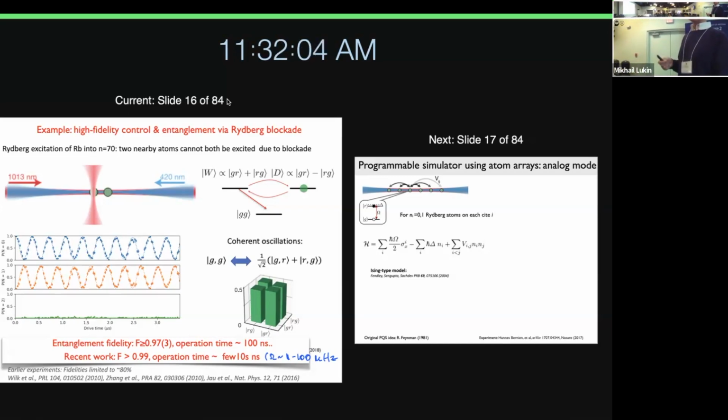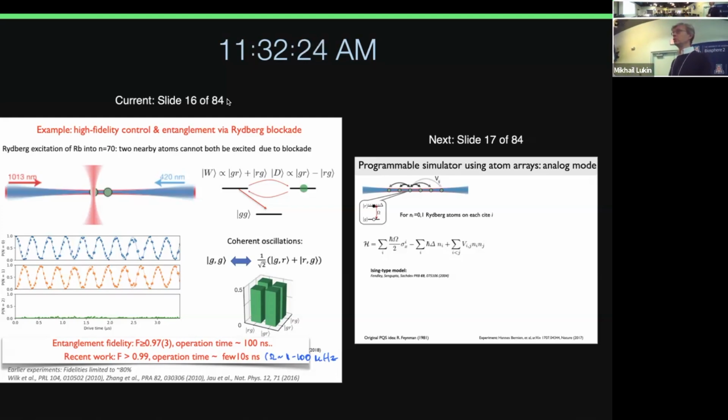You can address this challenge, for example, by coupling photons to a medium which is extremely nonlinear. If you take a cloud of Rydberg atoms, you can make it extremely nonlinear. In fact, nonlinearities at a single photon level have been implemented.